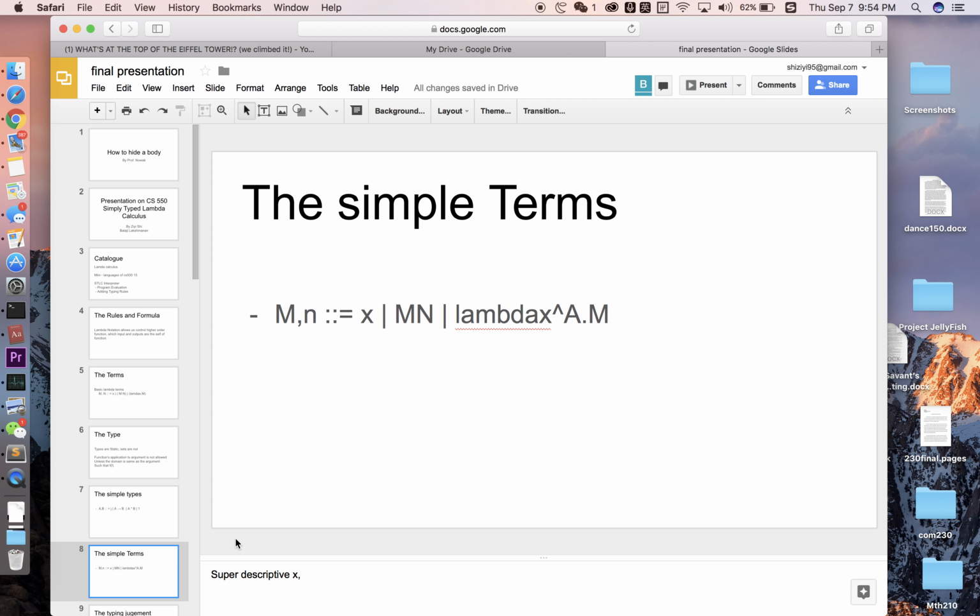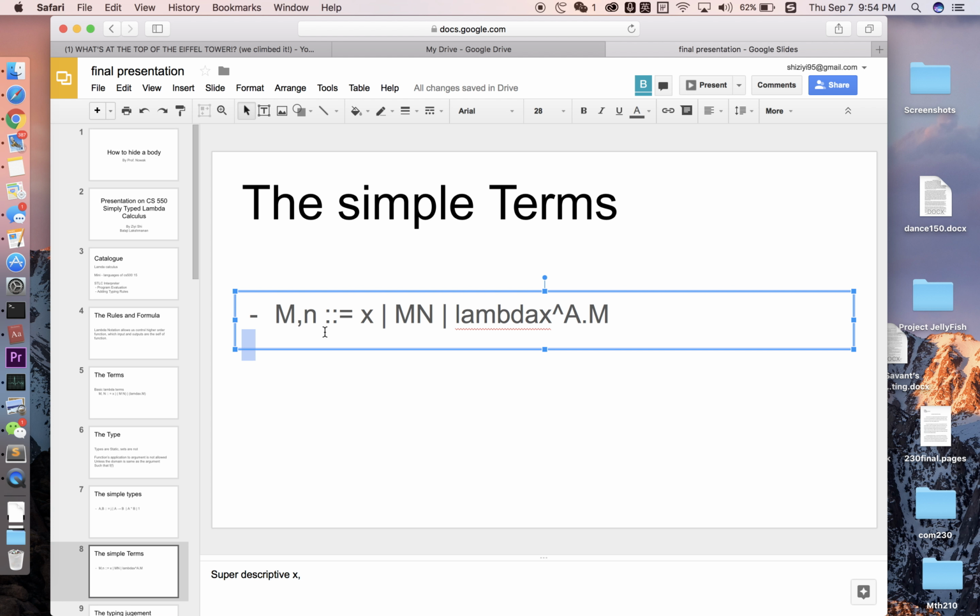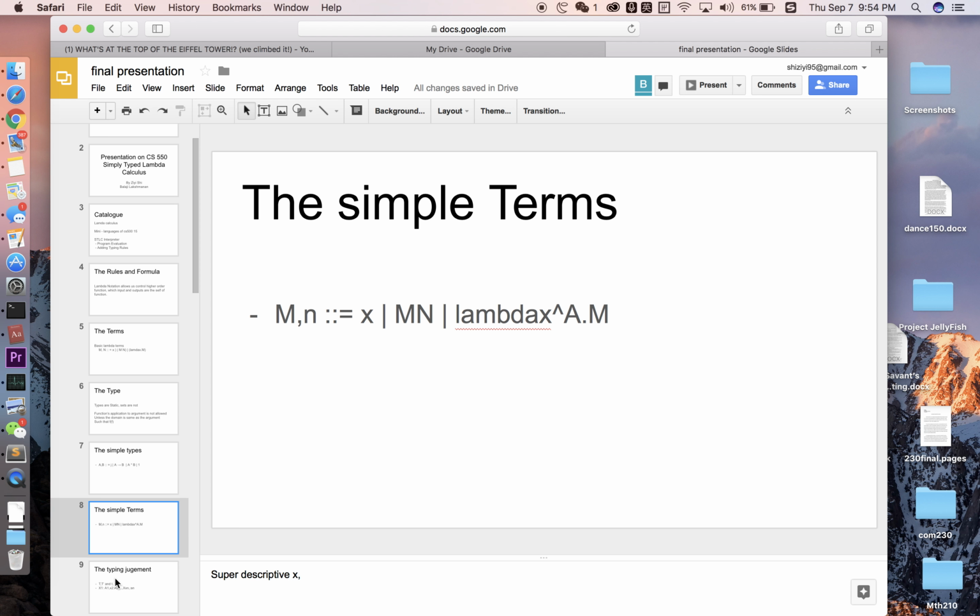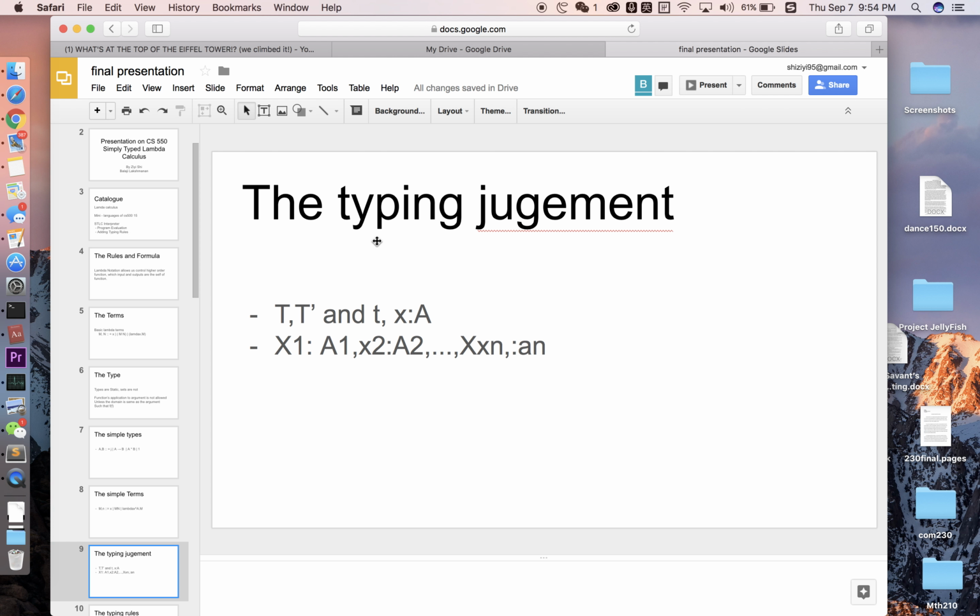Slide 8, the simple terms. The x here is super descriptive, and it's really similar to slide 5. All right, next slide. Here is the typing judgment. You have Gamma and the term, and you have x1 : A1, x2 : A2, through xn : An. It's really self-explanatory if you don't understand.